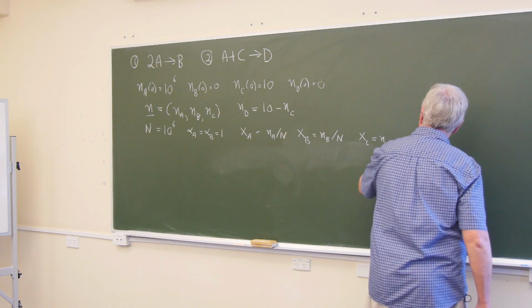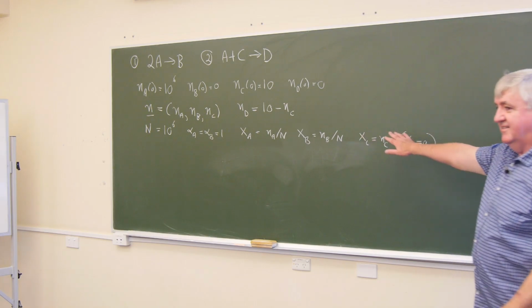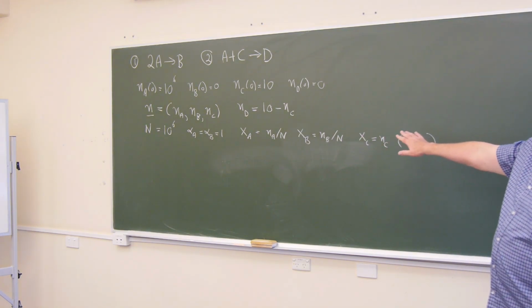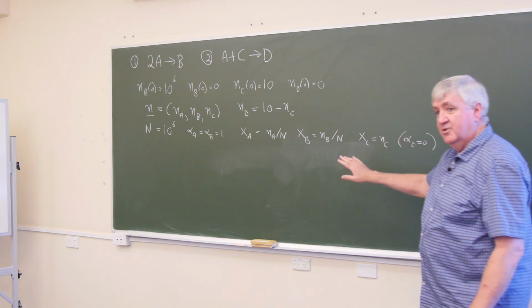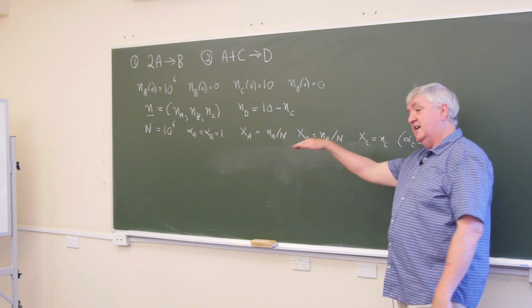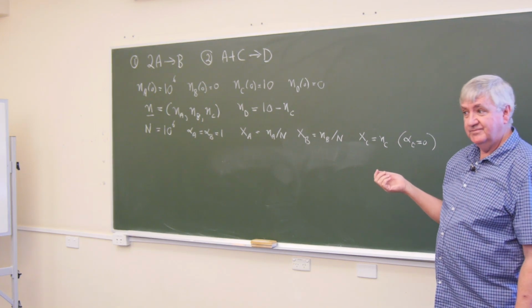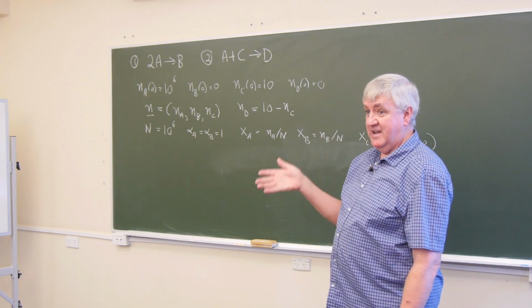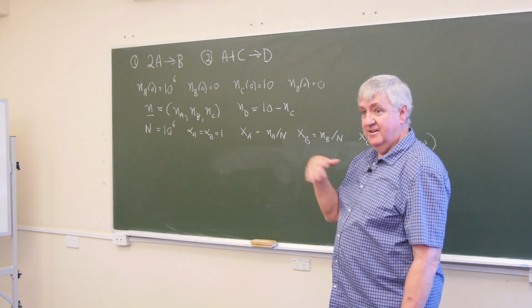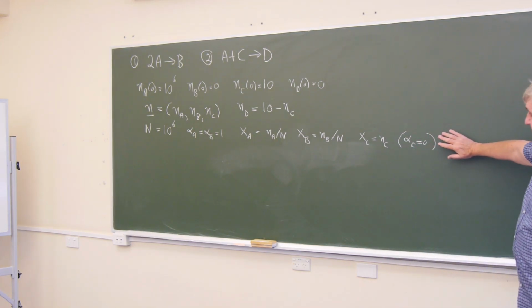So here alpha C is 0. This is where this differs from normal chemical kinetic modelling, where you'd be scaling all the parameters and the x's would be the concentrations. So you'd be scaling by a very large number, volume times Avogadro's number, to get the concentration in moles per litre. All right, so that's the scaling here.